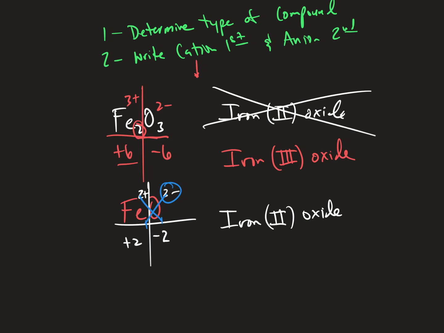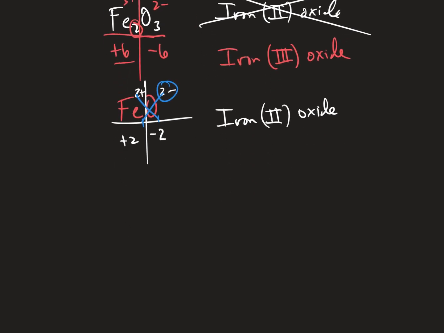Well, it all depends. If this is Fe3N, then it's iron 1 nitride. But if it's Fe3N2, then it's iron 2 nitride. But if it's FeN, then it's iron 3 nitride.